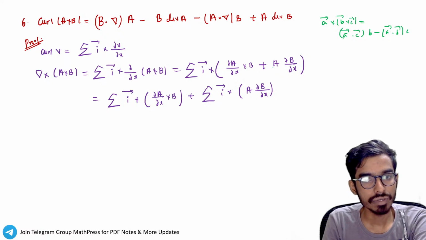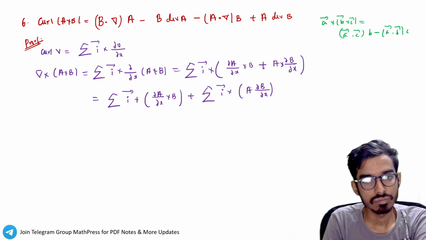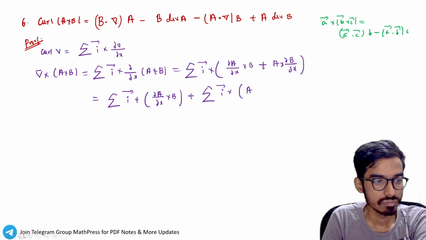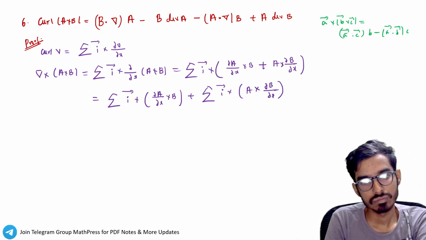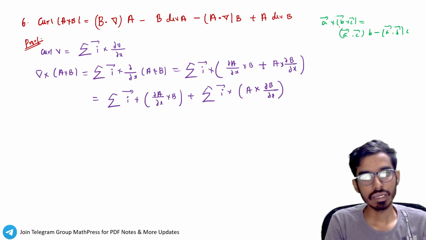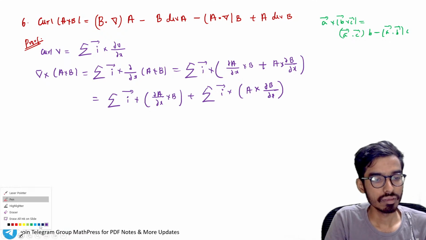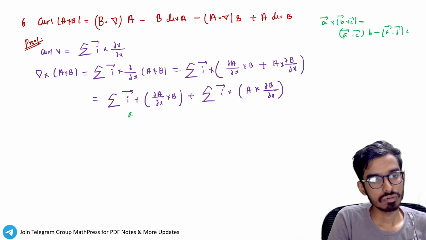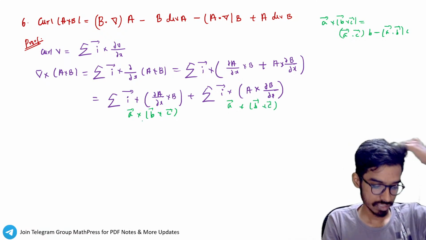Okay, so I'm going to make use of this result now. A cross B cross C is A dot C into B minus A dot B into C. So here also we have A cross B cross C.